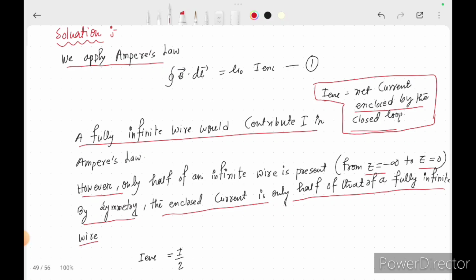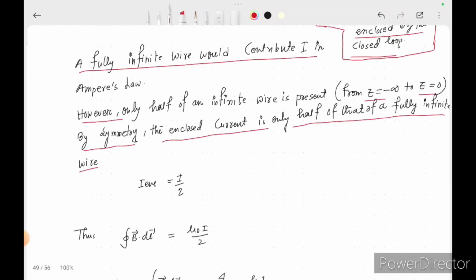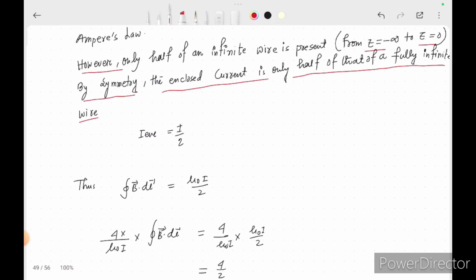Of the full infinite wire, the half wire along minus z is actually present inside the Amperian loop. So from this symmetry, the current enclosed by this loop is half of the total current. So I enclosed equals I upon 2.